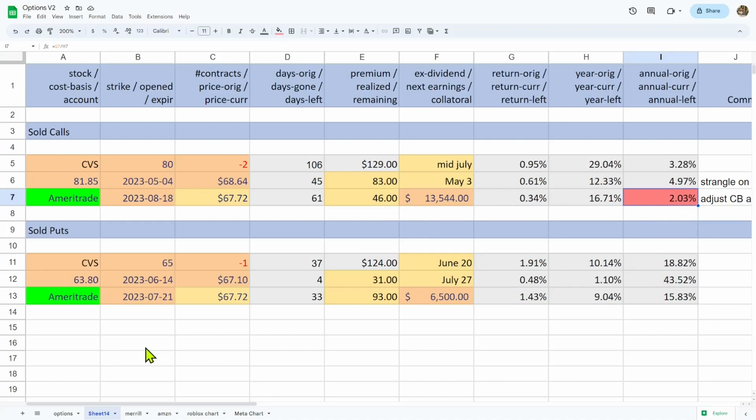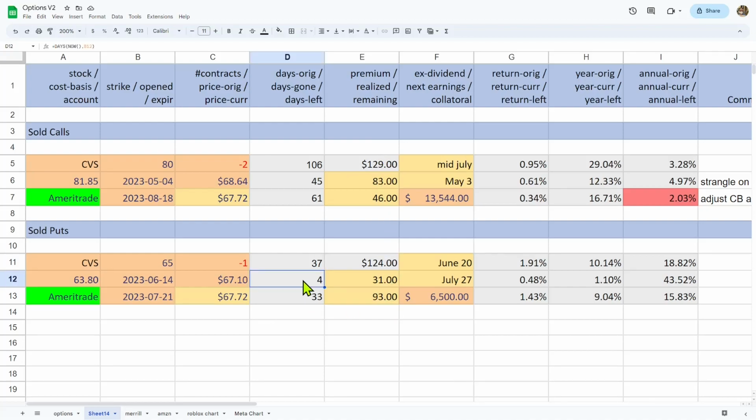Now my put, which I haven't factored into this cost basis yet, the strike's at 65, and I made $124 premium on that one put. On just one contract for like 1/3 of the duration, I made almost as much premium on the put as I did on the two covered calls. So the put premium is at a higher yield than the call premium.